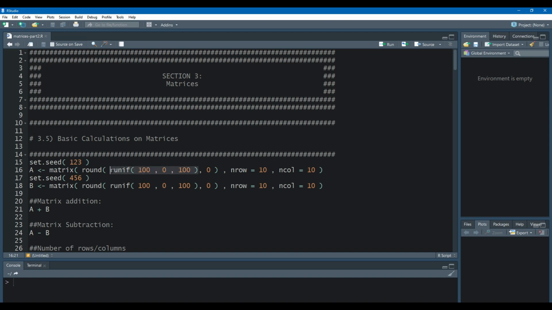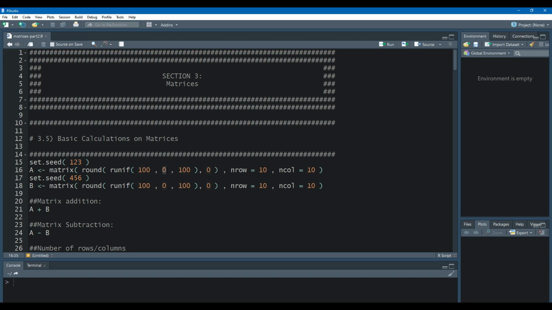The data that we'll be filling matrix A with comes from a uniform distribution. And if you take a look at the highlighted portion, the runif command generates random numbers from that uniform distribution. So I want 100 random numbers on the interval from 0 to 100.